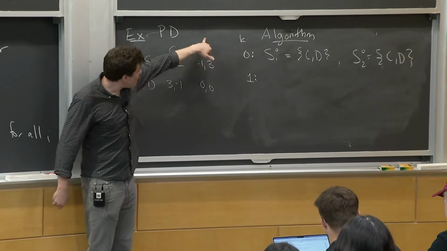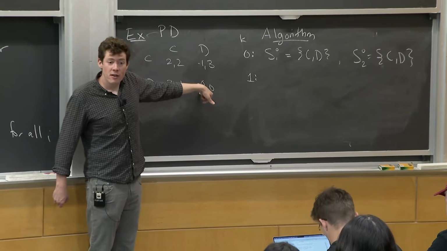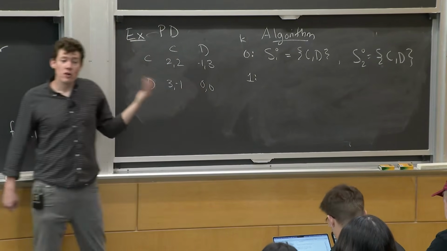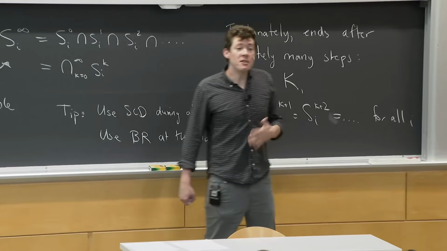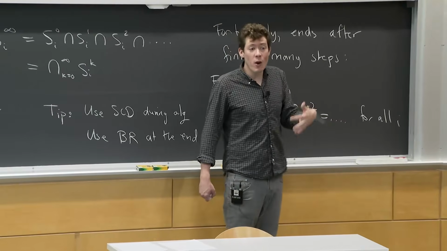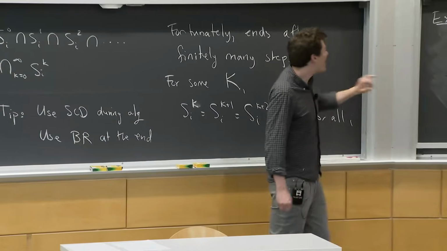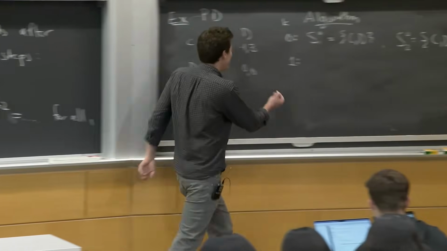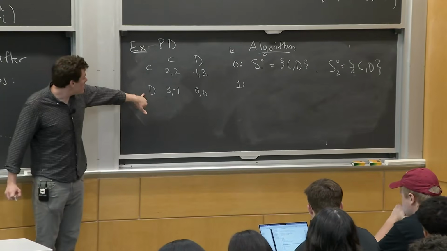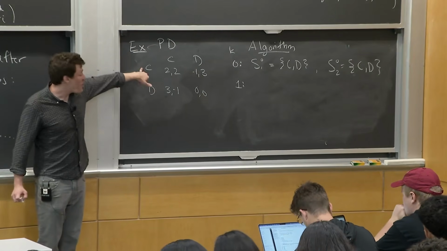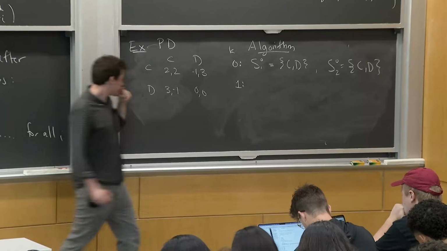And if my opponent defects, I also do strictly better by defecting. So D strictly dominates C for each player. C is strictly dominated by D, so I throw out C and keep D.